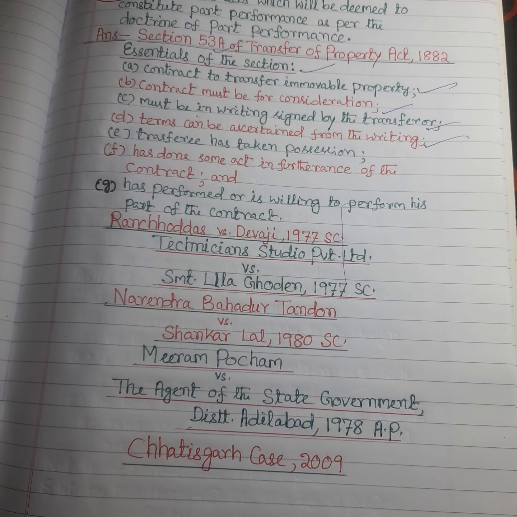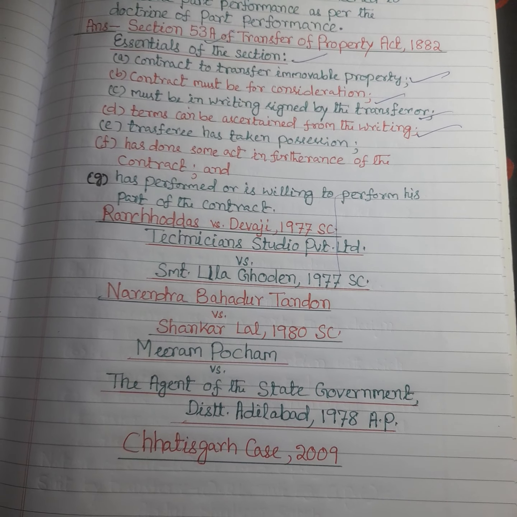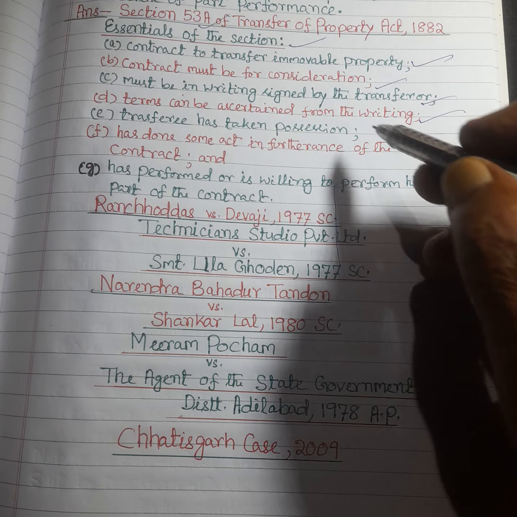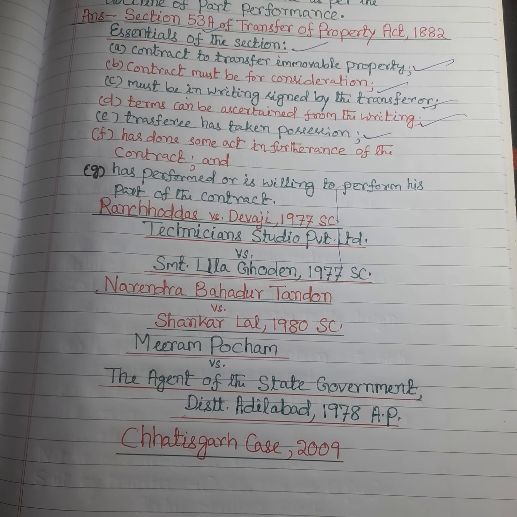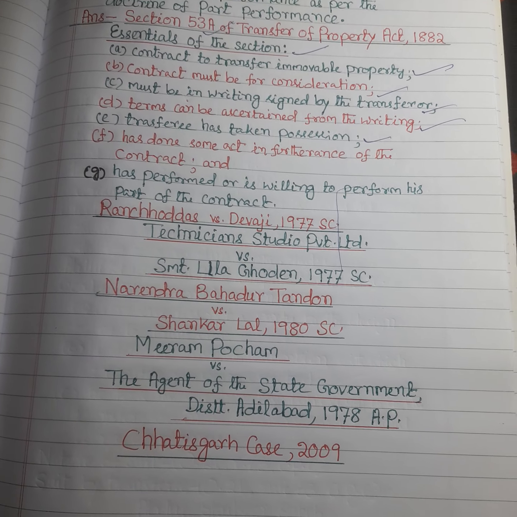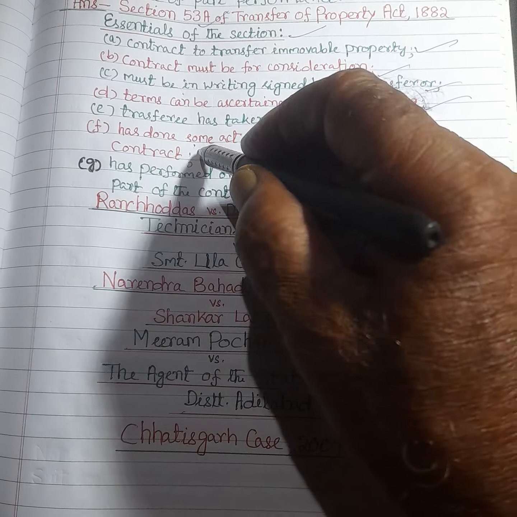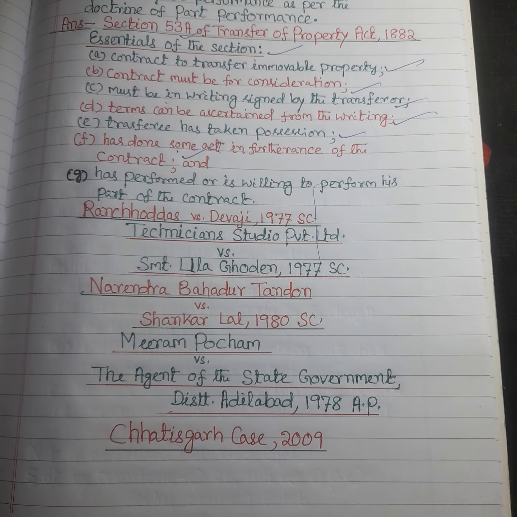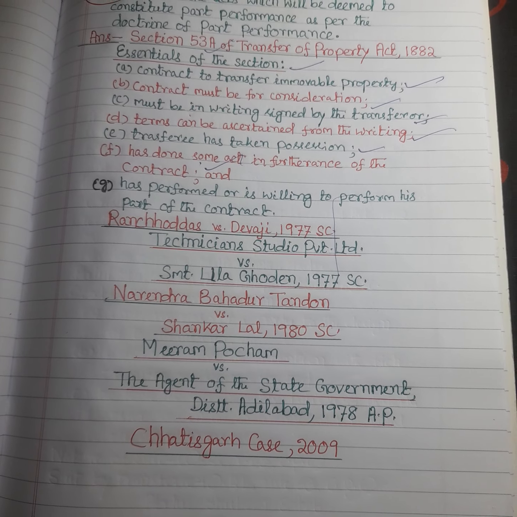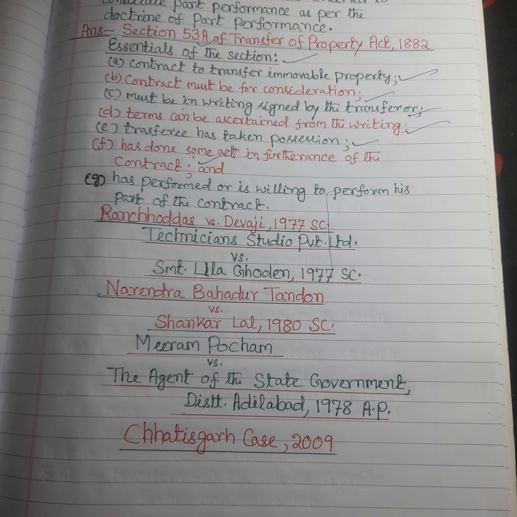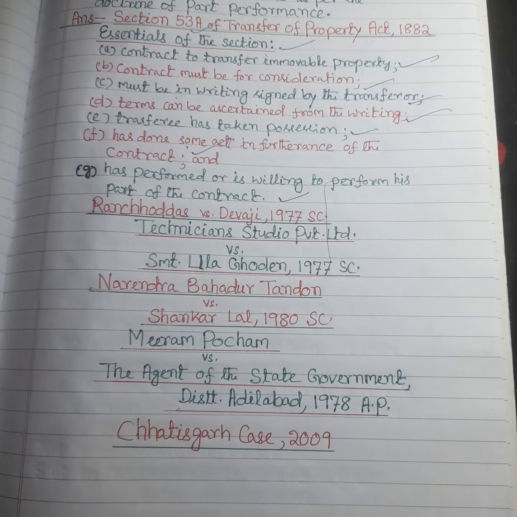And the fifth one, the transferee has taken possession or is already in possession of the said property. And the sixth one, he has done some act in furtherance of the contract. And the final essential of this section is that he has performed or is willing to perform his part of the contract.